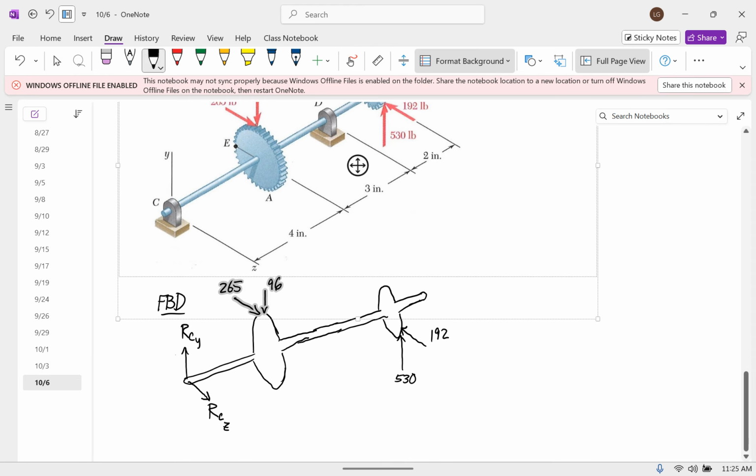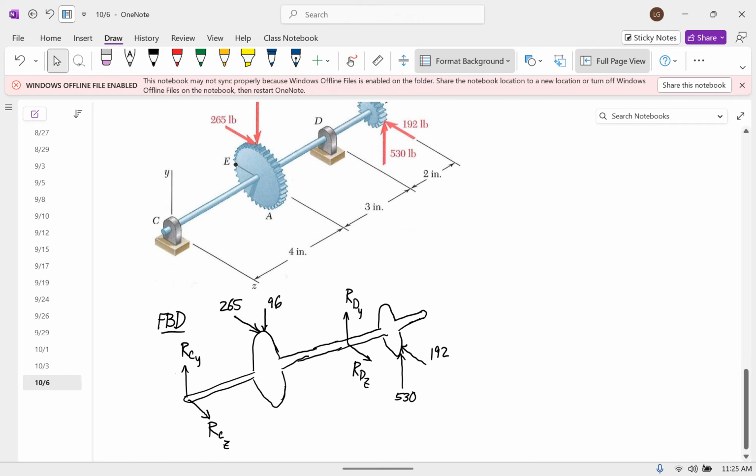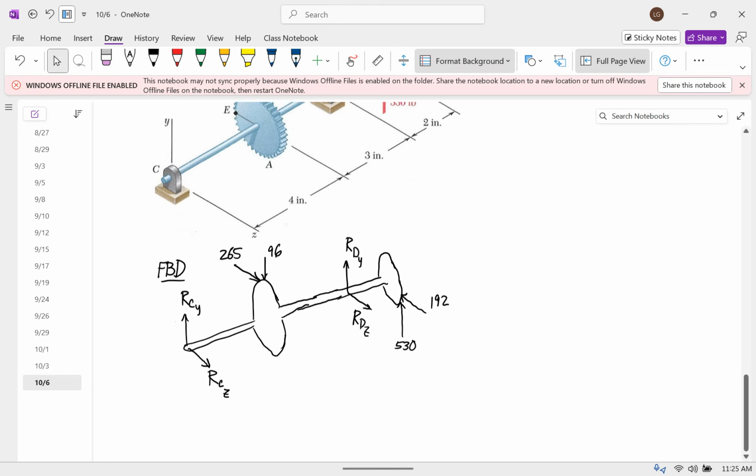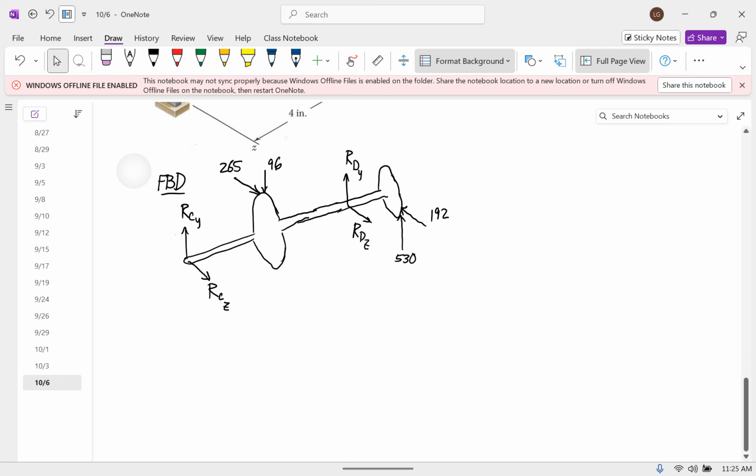And then at that second joint, we have the same kind of thing going on. This is RDZ and RDY. Okay, any questions? So now we can go to the table.